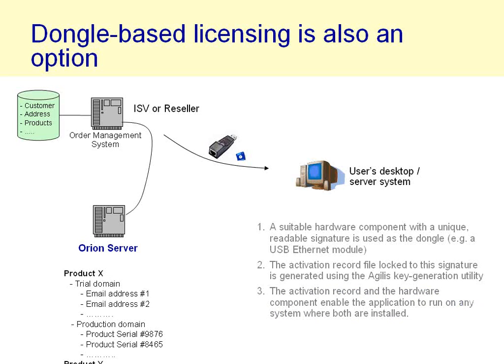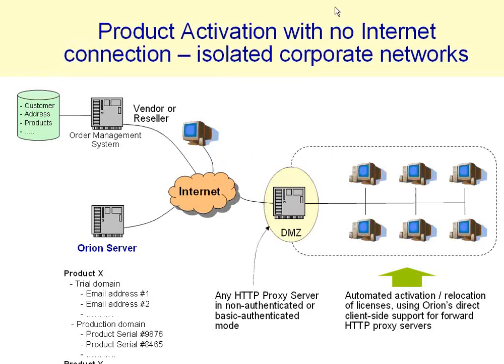Now, another instance that can arise is where you have an end customer and they have an internal network, but they have strict controls on what's allowed to go outside their network. This often happens in things such as the finance and mil aero defense, some government sectors. So in this case, there's no direct connection from the internal machines to the external network, but you have a couple of options for still enabling automatic activation.